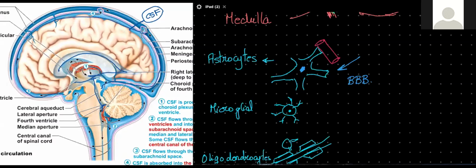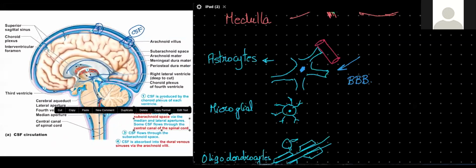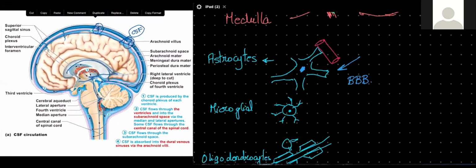This is where the cerebrospinal fluid is going to be drained through those villi. We call those the subarachnoid villi. This fluid gets drained to your venous circulation.